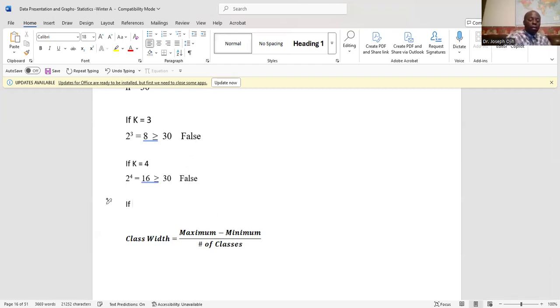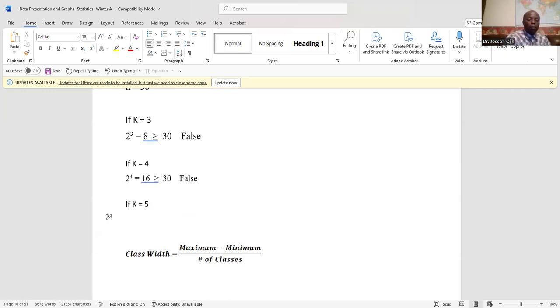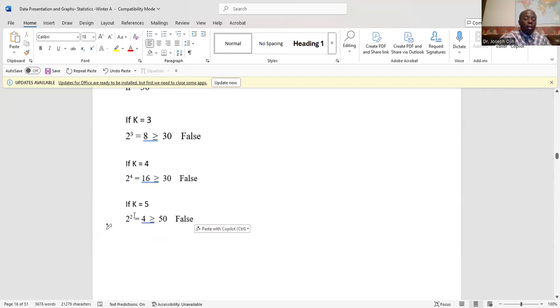If k equals 5, then 2 to the power 5 is 2 times 2, 4, times 2, 8, times 2, 16, times 2, 32, which is greater than or equal to 30.